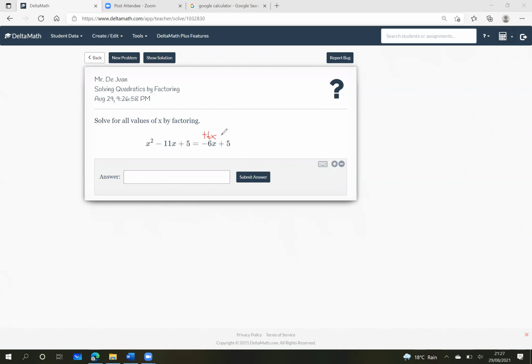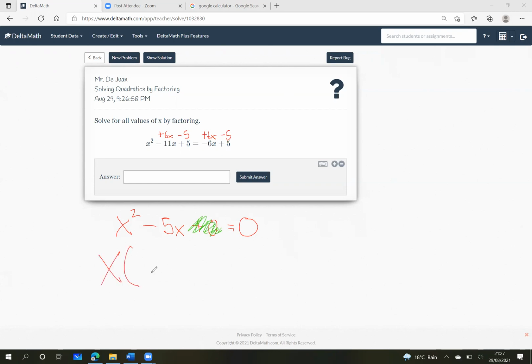Plus 6x minus 5 on both sides. So we have x squared and negative 11 plus 6, that's going to give us negative 5x. And plus 5 minus 5 gives us plus 0. We can ignore this plus 0 and just factor it as we have it. What is the number that can go on the outside?